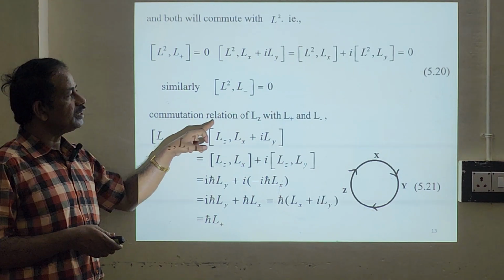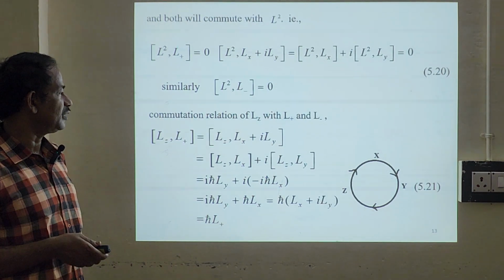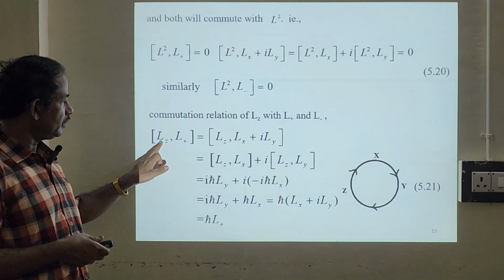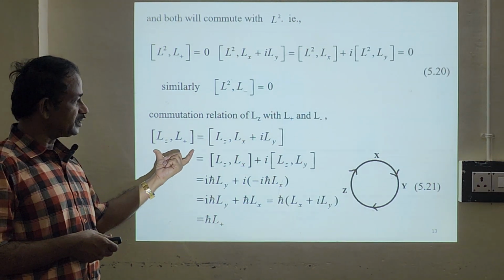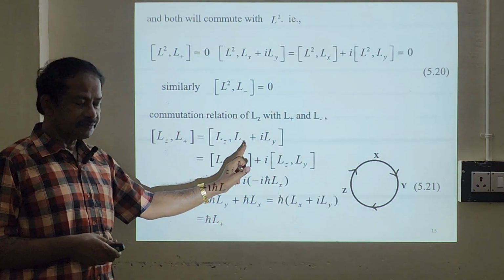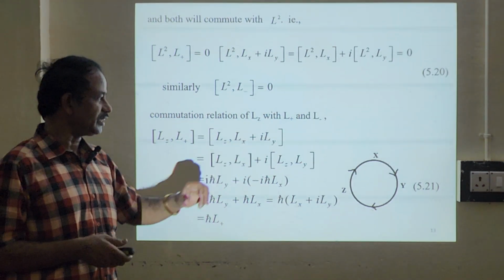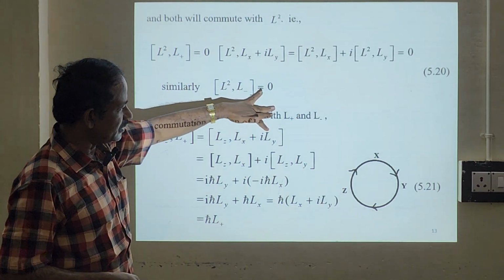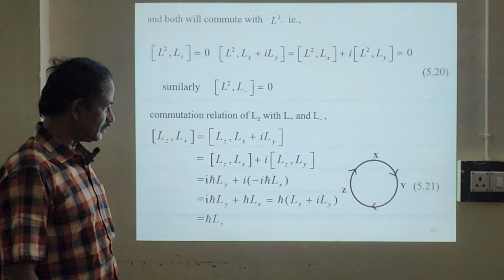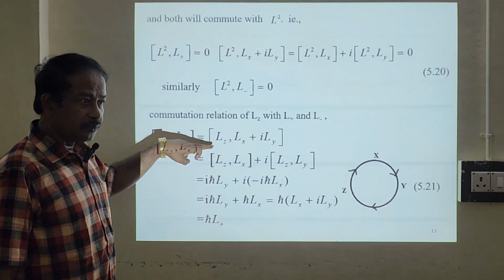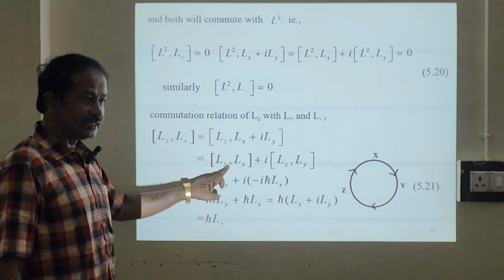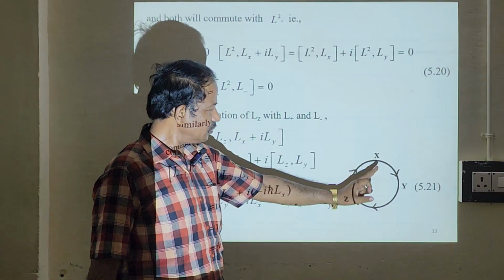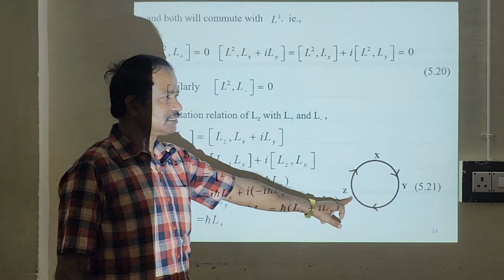Now the commutation relations for Lz with L plus and L minus. This is another property. Instead of L plus you can write Lx plus iLy, so we have the commutator of Lz with Lx plus i times the commutator of Lz with Ly. As I said just now, you have to follow the cyclic rule.